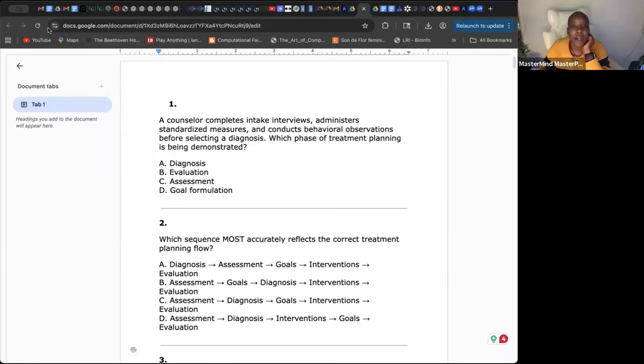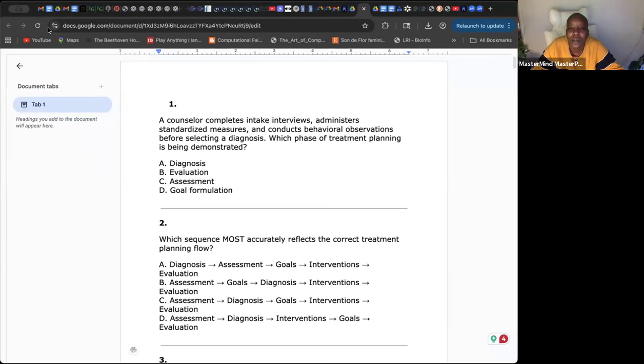A counselor completes intake interviews, administers standardized measures, and conducts behavior observations before selecting a diagnosis. Which phase of treatment planning is being demonstrated? So you have a counselor completing intakes, doing standardized measures, doing observations before the diagnosis.